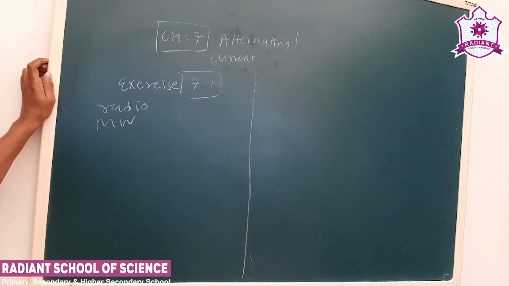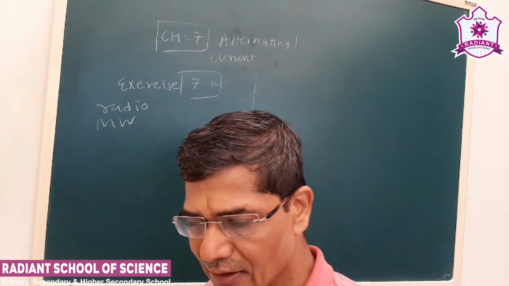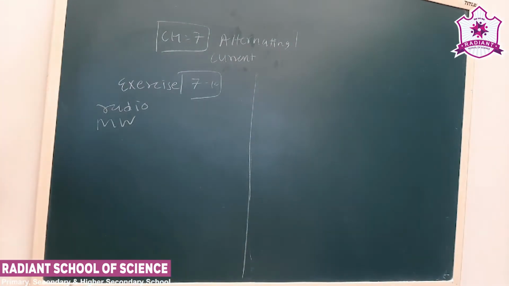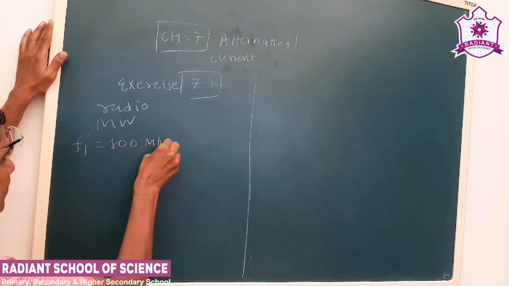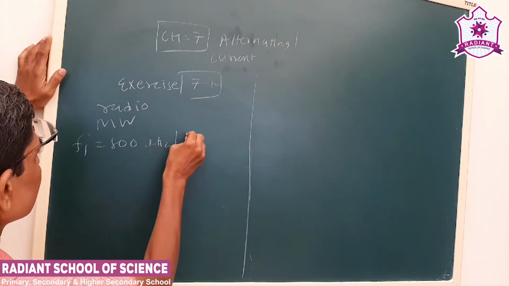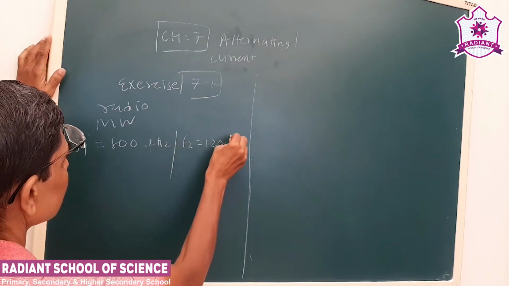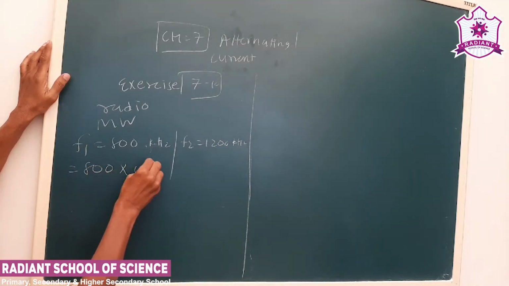This is part of the electromagnetic spectrum. We'll see more regarding this in lesson number 8, that is electromagnetic waves. Here it is given that the radio operates in the medium wave frequency, that is, frequency varies from 800 kilohertz, sorry, 800 into 10 to 3.